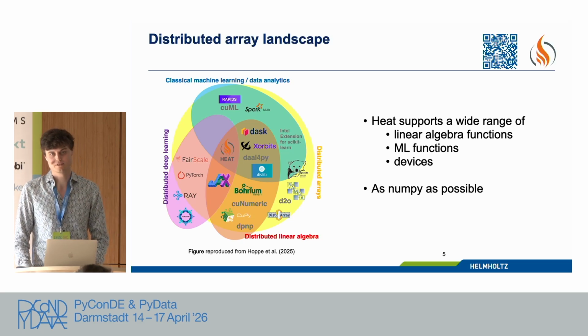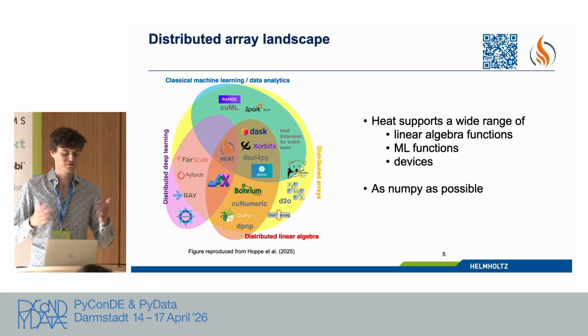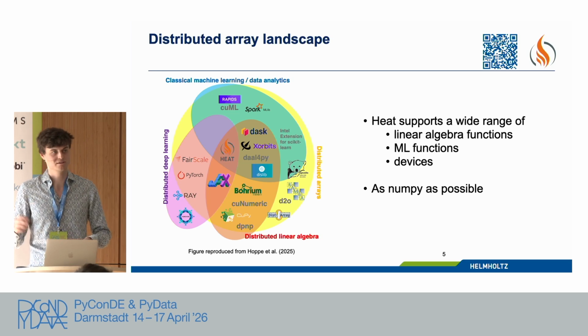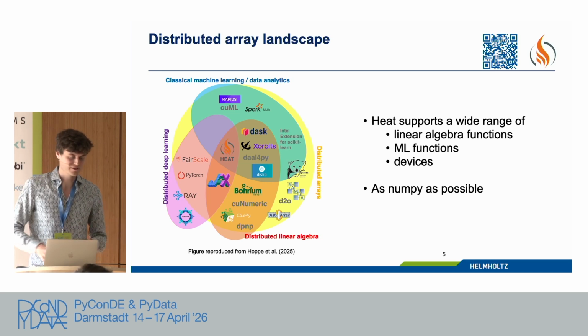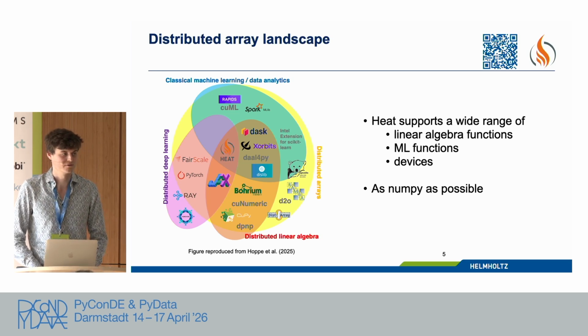But I think all of these libraries have a few advantages and disadvantages, like in the feature set that they support and in their API. They are a little bit different now than what you're used to from NumPy, or they don't support all of the operations in a distributed fashion because some of them really are not trivial to parallelize.